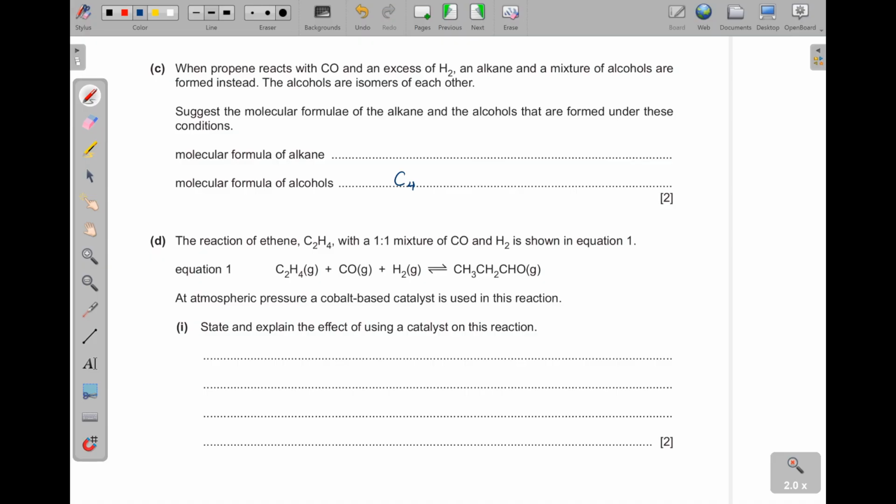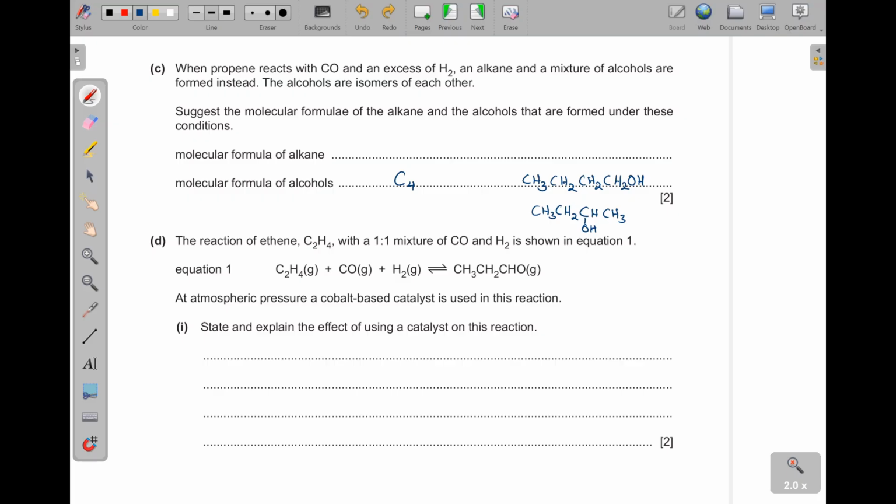So the molecular formula, let me first write the structural formula: CH3, CH2, CH2, CH2OH. Then the other one will be CH3, CH2, then CHOH, and then CH3. This is butan-1-ol, this is butan-2-ol. They are isomers of each other.